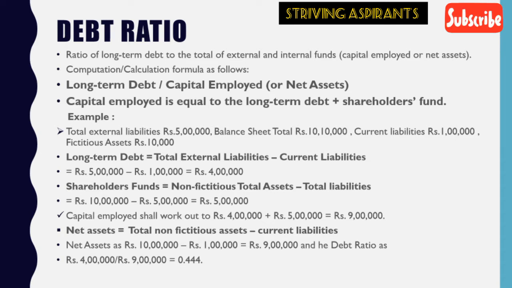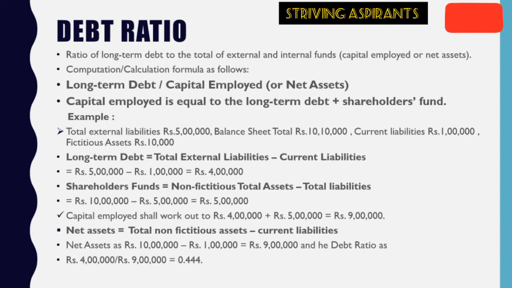We will take the same example we have seen to calculate the debt equity ratio. Now here we will calculate debt ratio under the same example. First one, long-term debt equal to total external liabilities minus current liabilities. We have 4 lakh here. Similarly, shareholders fund, non-fictitious total asset minus total liabilities, we have 5 lakh here.